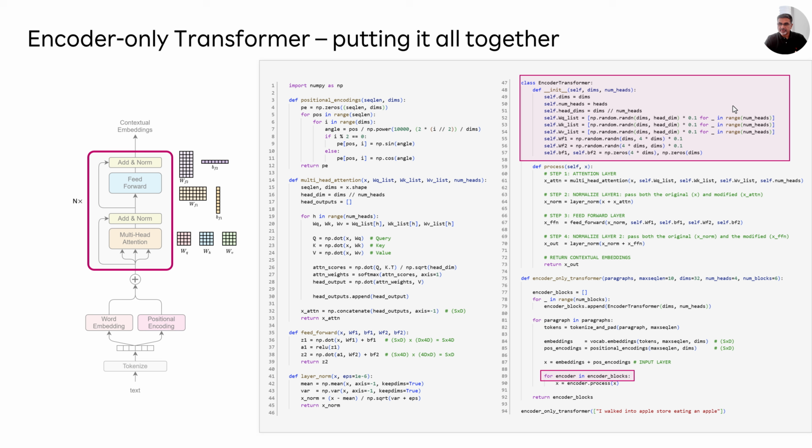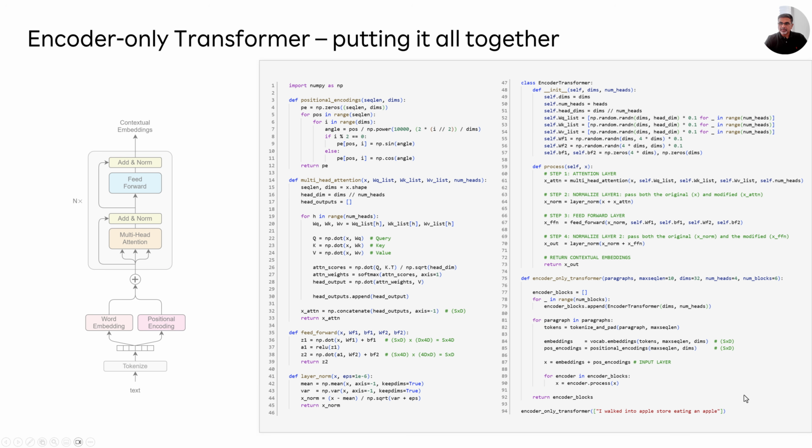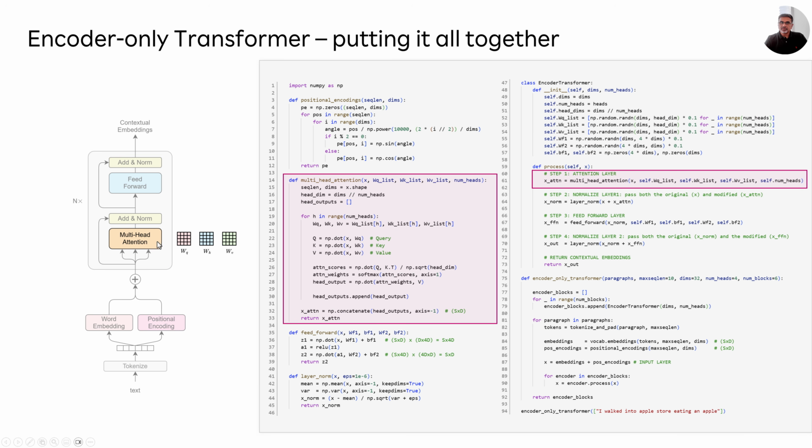Now I'm going to process this. The first thing in processing is the multi-head attention. To that I pass X, which I got through this. And then for each head, I will make a query copy, a key copy, and a value copy, and send it through.